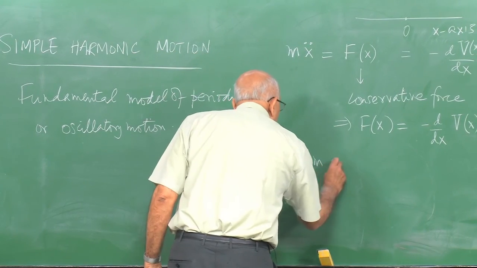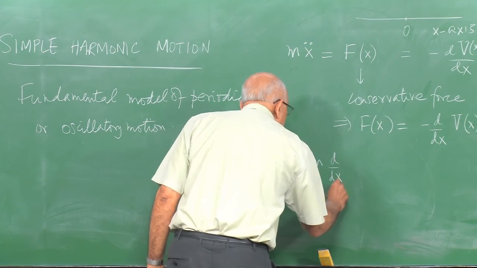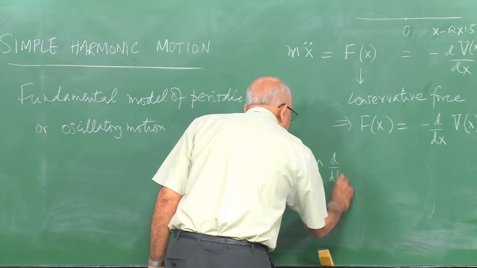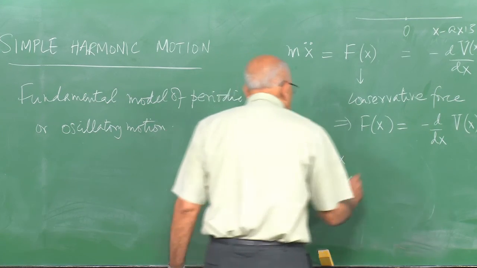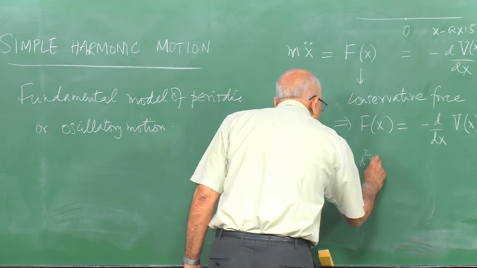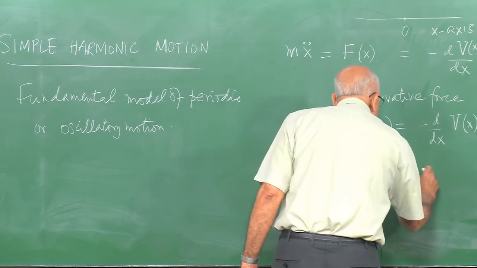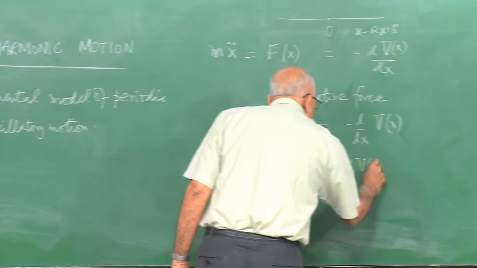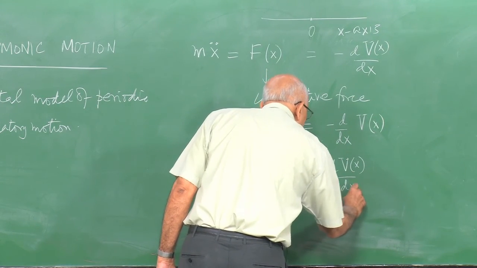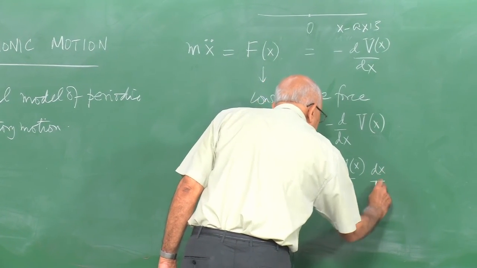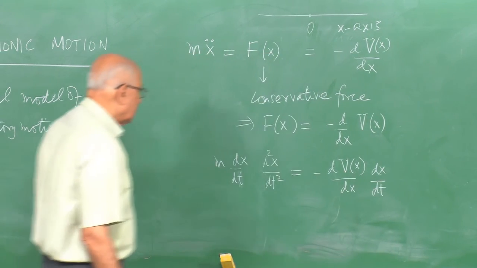And then you have m dx over dt, that is x dot, and then d2x over dt2. This is equal to minus dv of x over dx times dx over dt. Here.